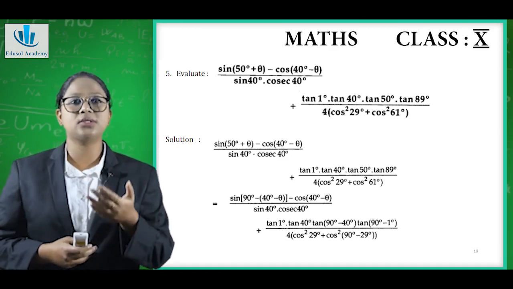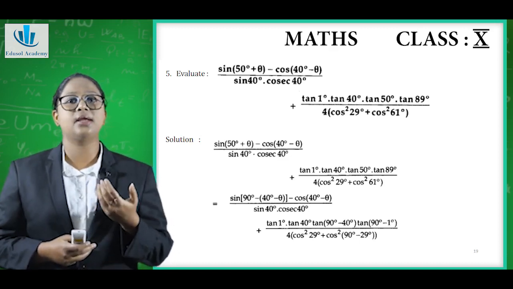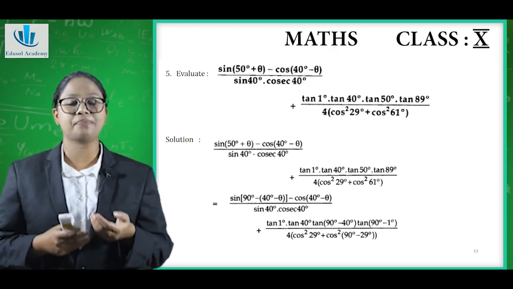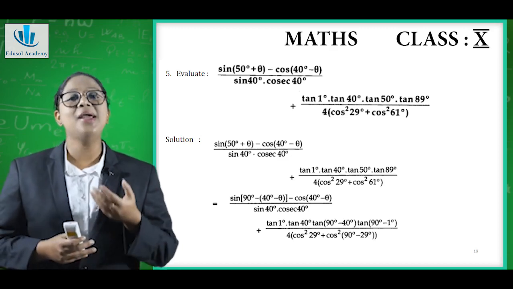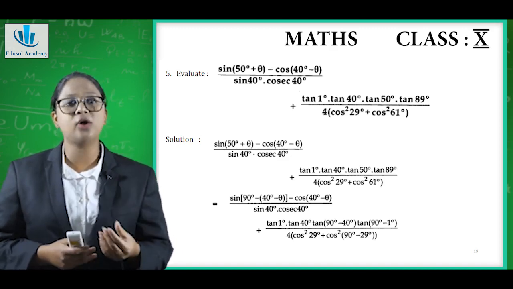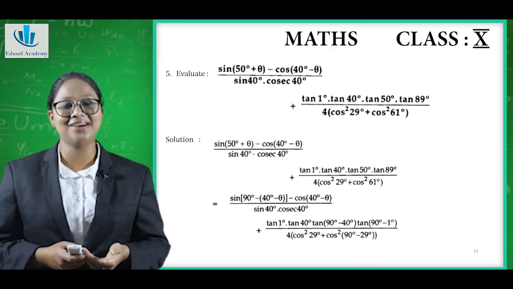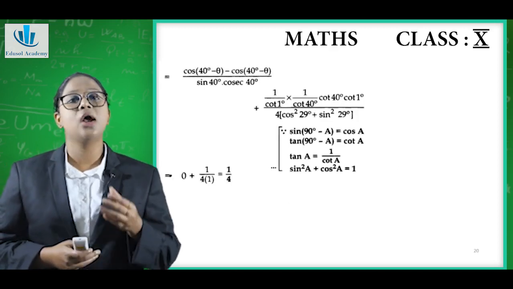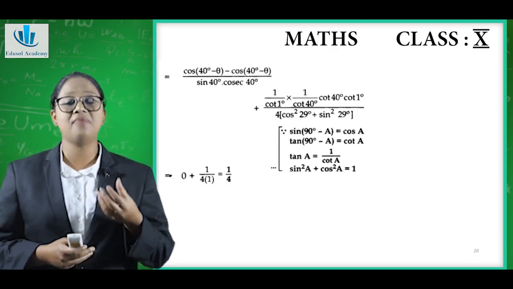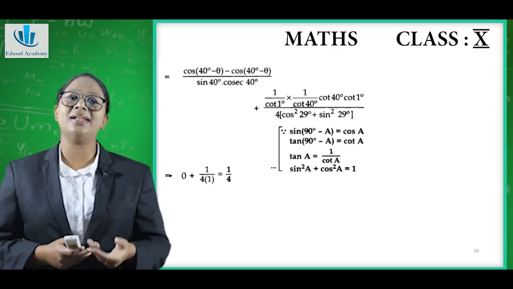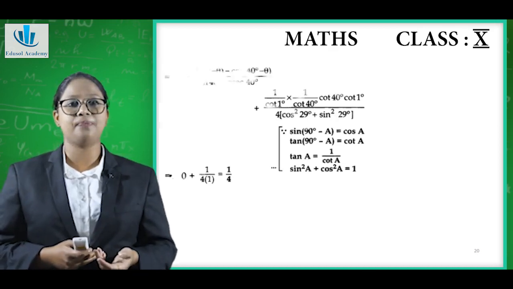Again, there are 40, 50, then 61, 29 and 89 coming. So we have to apply the complementary ratio concept. We have to replace one of the angles with 90 minus the other, and upon substituting and cancelling the common terms, we can evaluate the expression to 0 plus 1 by 4, or equivalently 1 by 4 will be the answer.